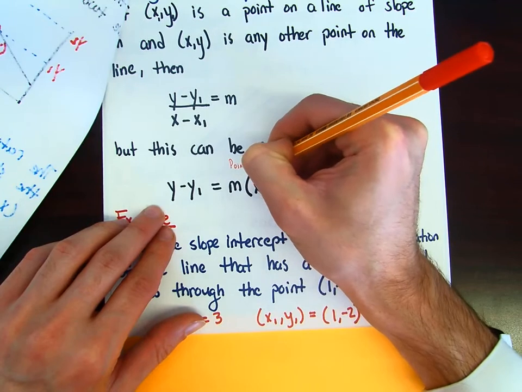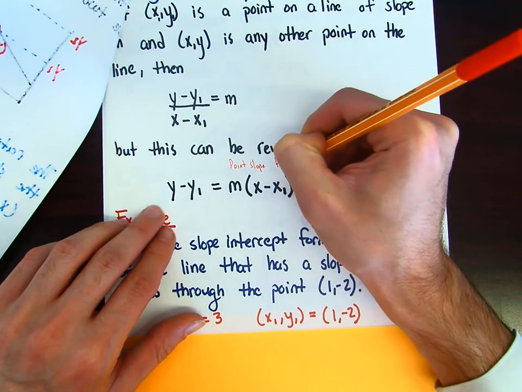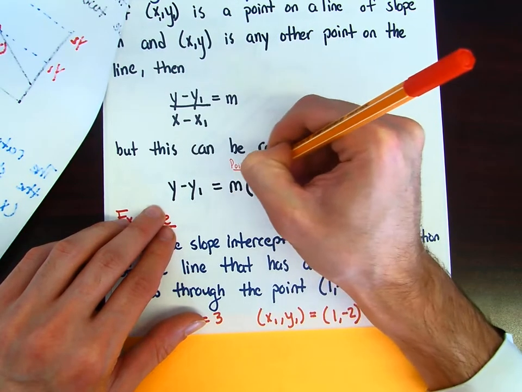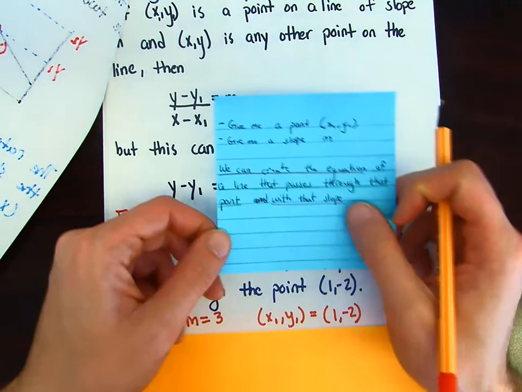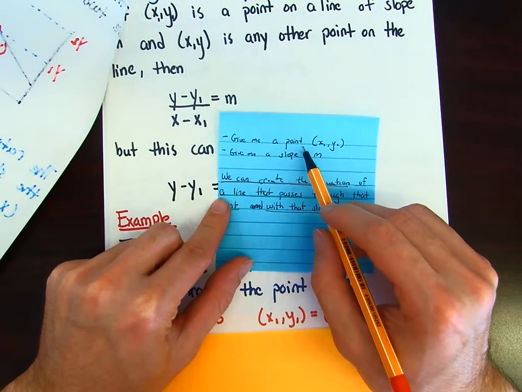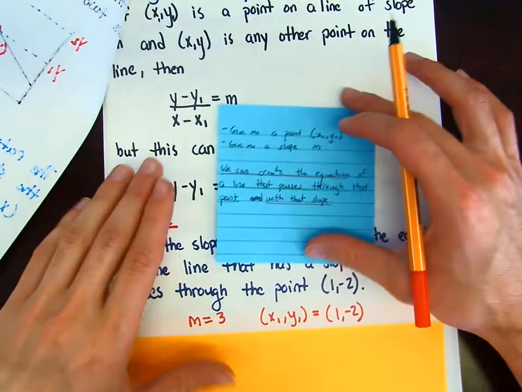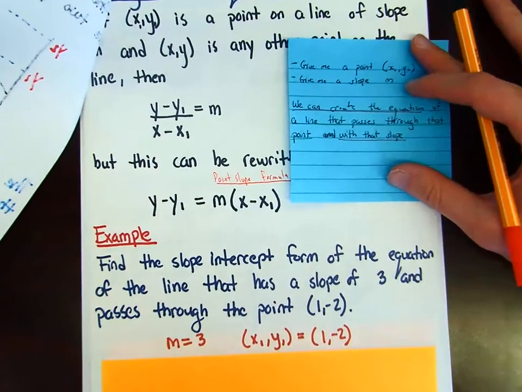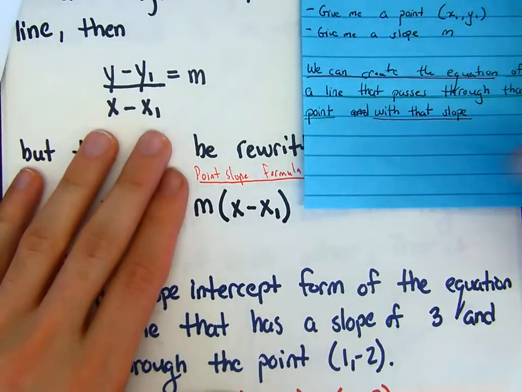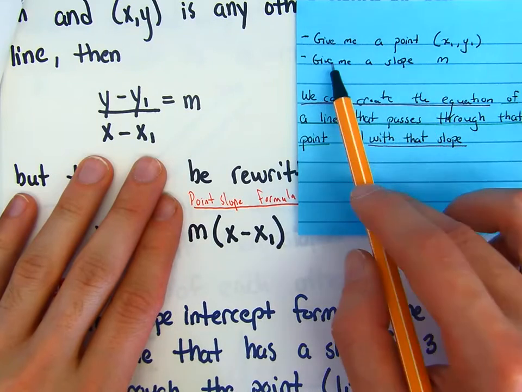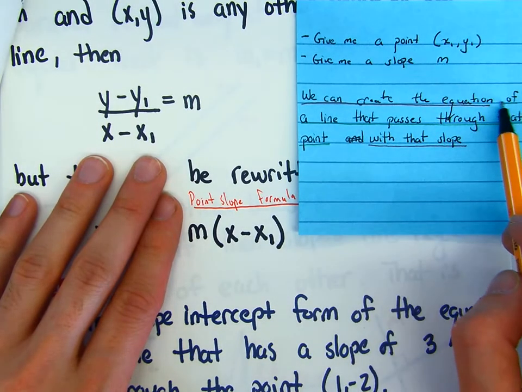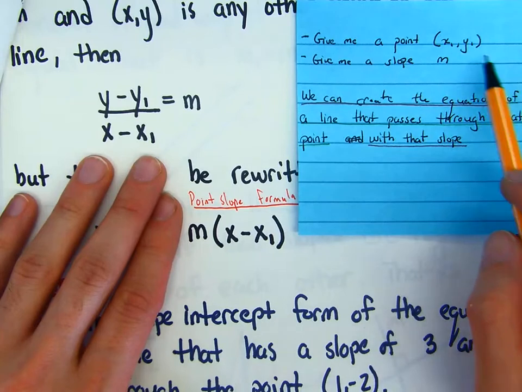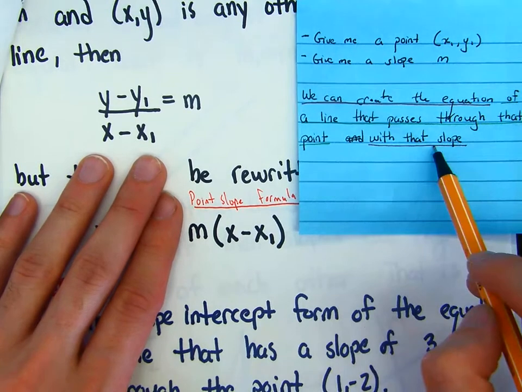So what on earth does this equation imply? It basically says, give me a point, give me a slope. We can create the equation of a line that passes through that point with that given slope.